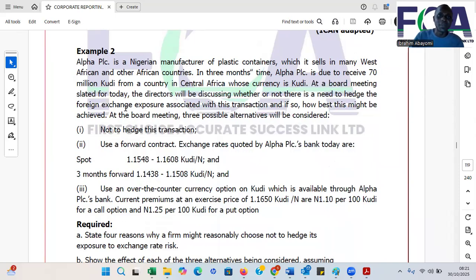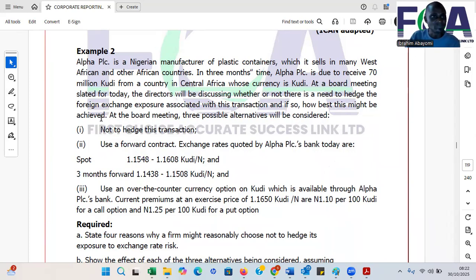Alpha PSC is a Nigerian manufacturer of plastic containers, which it sells in many West African and other African countries. In 3 months' time, Alpha PSC is due to receive 70 million kudi from a country in Central Africa whose currency is Kudi.